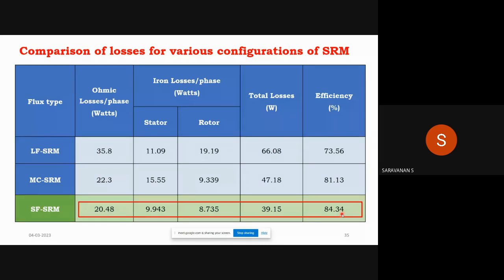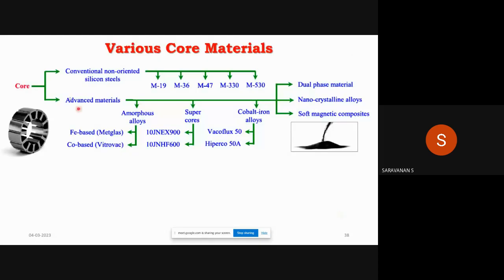Then we need to consider material selection. In material selection there are many materials available. For core material there are non-oriented silicon steels.